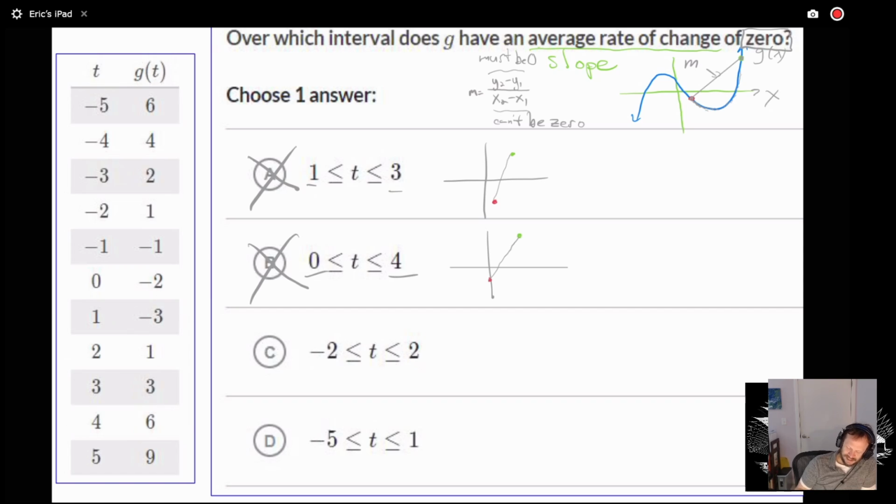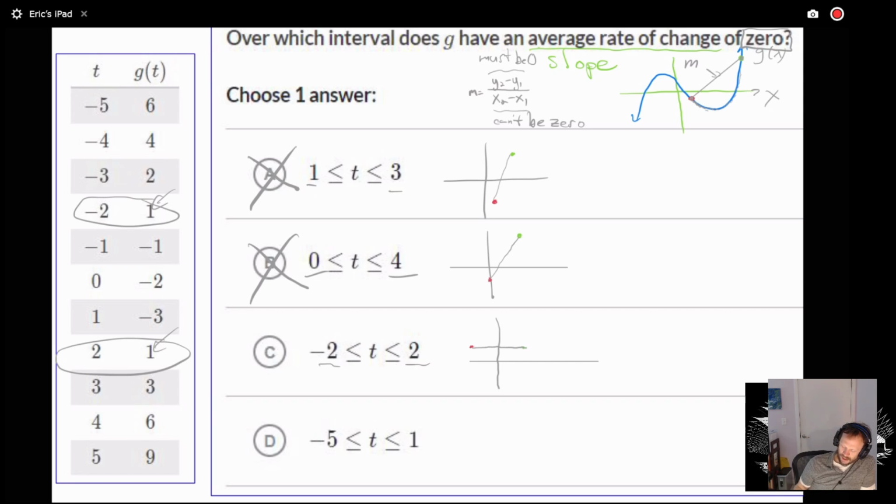I still have 2 left. Next, I consider C, where I have a range from -2 to 2. At -2, the function is at 1. At 2, the function is at 1. What does that look like when I graph it? At -2, we're at 1. At 2, we're at 1. And what has to happen between there?